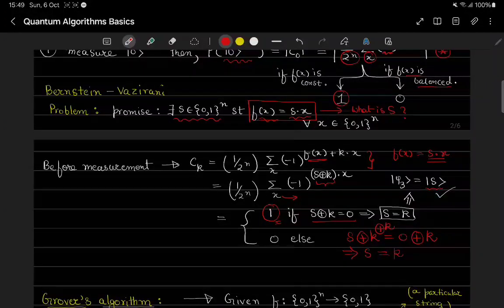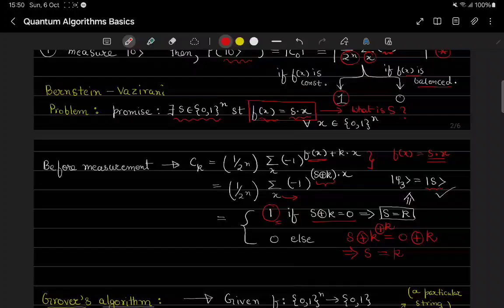So your final state has already the form that the state itself is a basis vector, and that basis vector has the value of the bit string. And if this is not the case, it will always be 0. This is because there will be equal number of plus ones and minus ones appearing.